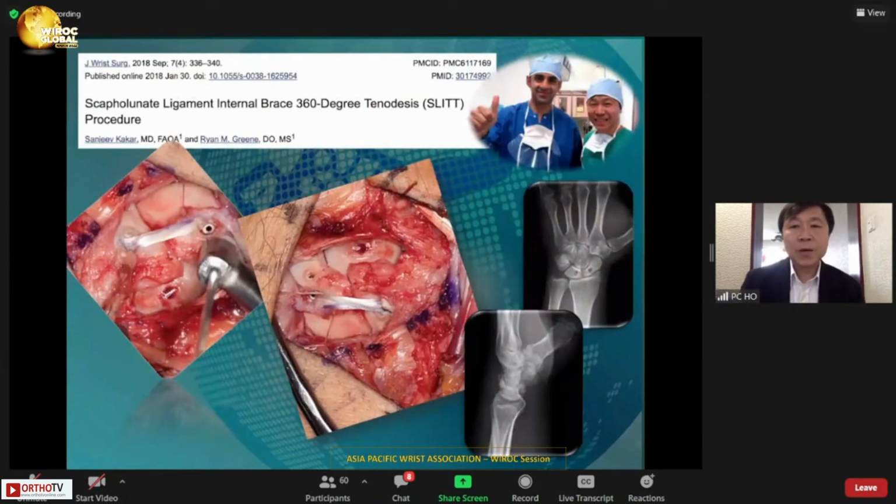I also found that Dr. Sangeet, my friend, has an idea of putting in an internal brace with the screw. I think this is a similar reconstruction, but with the addition of this internal brace concept. I think there is some way to go with the improvement of my technique in the future, that maybe the internal bracing may improve the stability and also enhance the rehabilitation.